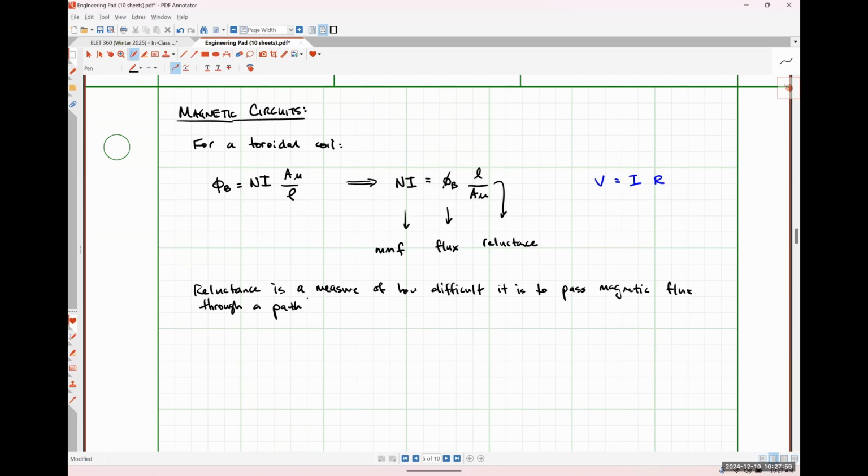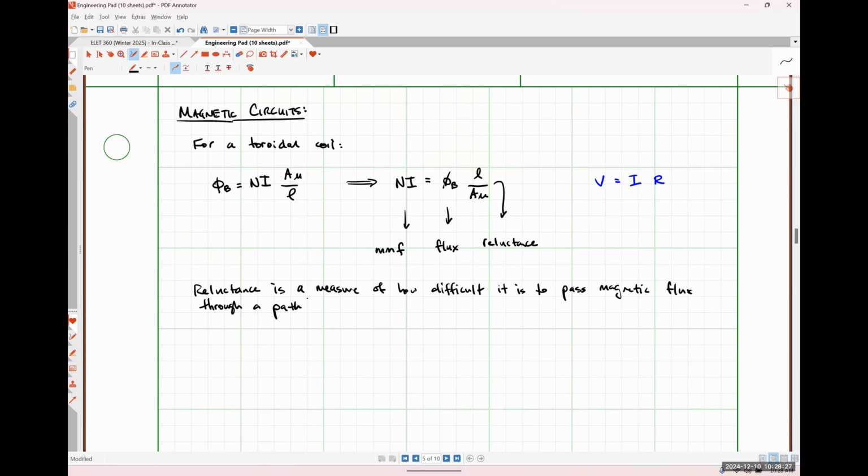If we consider an industrial transformer, where we want it to work very efficiently and we don't want to put in any extra energy to cause that conversion of voltages and currents, typically speaking, we are going to want a relatively low reluctance core. And we can see that our reluctance is inversely proportional to our permeability mu, right?